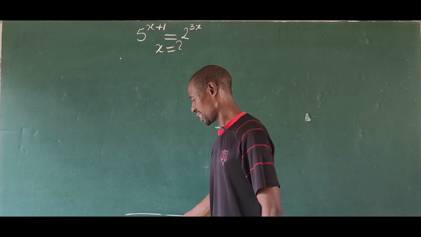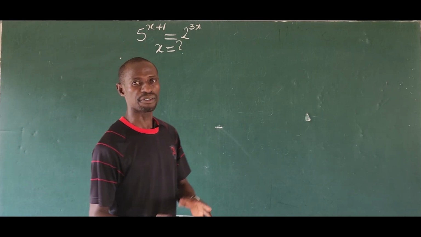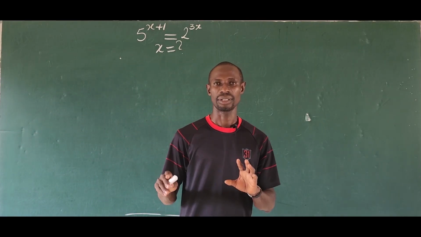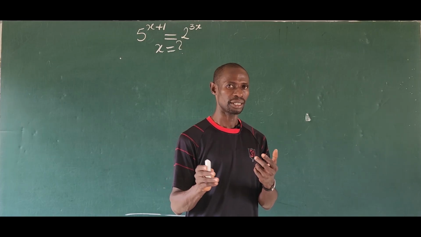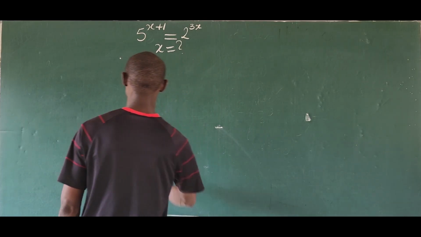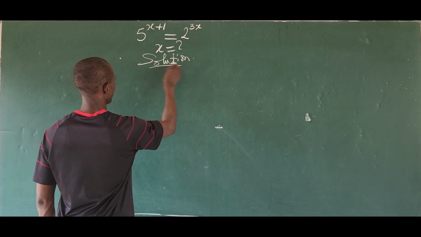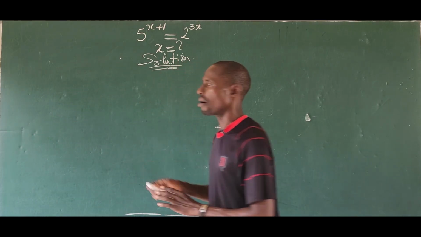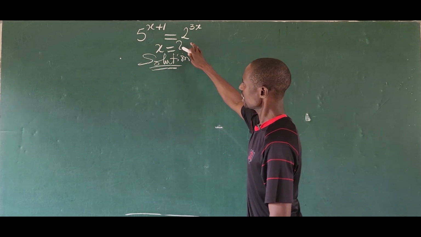So this is pretty easy if you are acquainted or familiar with some laws of indices and that of logarithm. So we're going to use these two together to get our solution. So the value of x here is x. Now we just have to rewrite this left hand side and this other side.